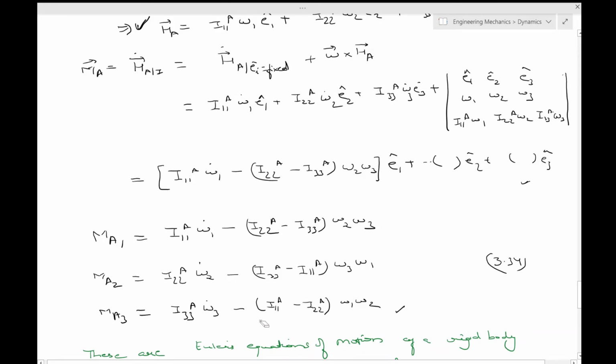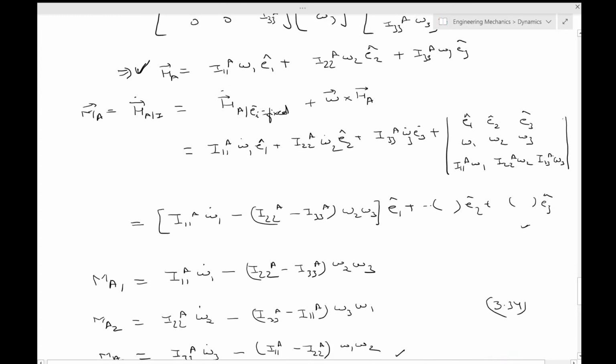So I11 about A is the same as I22 about A. Okay. Now if this entire thing is 0, the entire moment about A is 0, then that would mean that the rate change of moment of momentum is also 0 in the I frame.